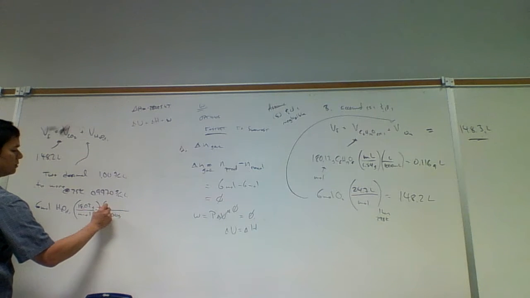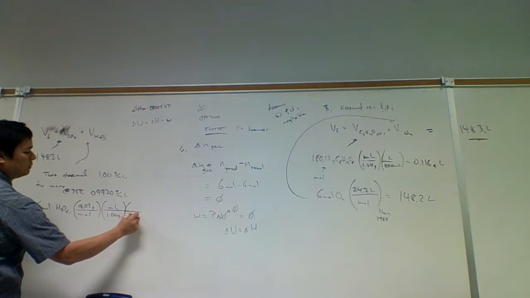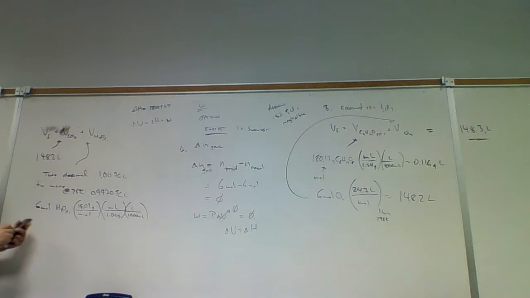We'll just do this one first, then 1,000 milliliters per liter. And so I get 6 times 18.02 divided by 1,000.